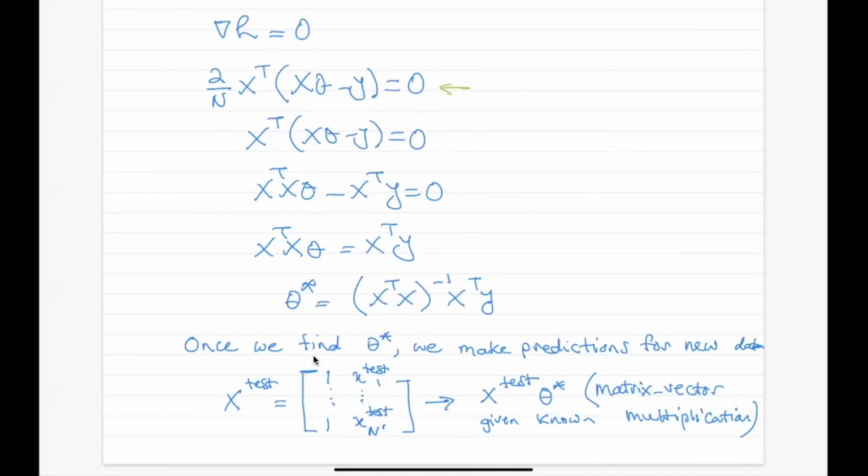Obviously, we can multiply both sides by n over 2 to get rid of this constant. That's the first thing we do. Remember, when you do matrix multiplication, you always have to respect the order. So in this case, we have X transpose X theta minus X transpose y equal to 0, which is what we have here.